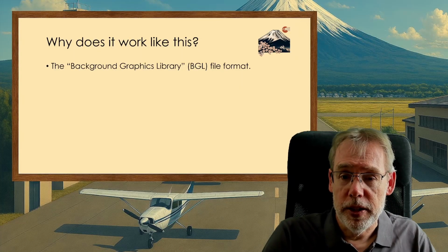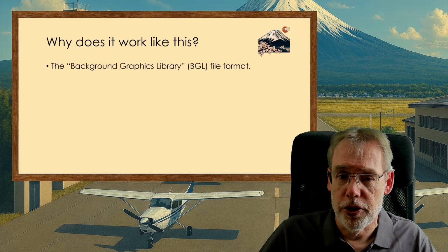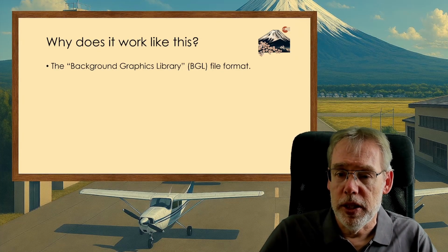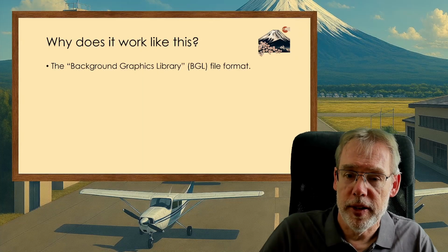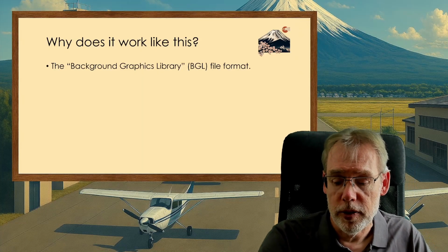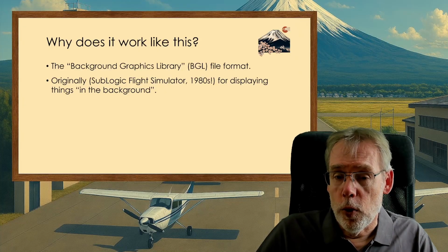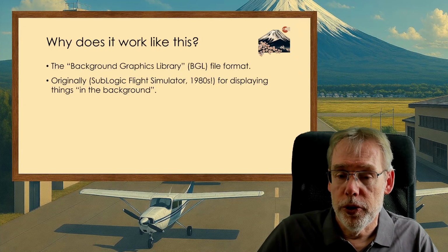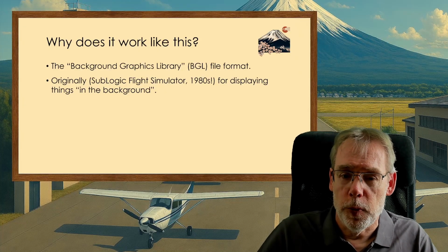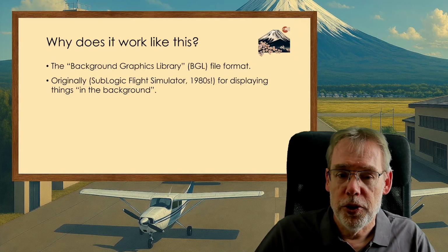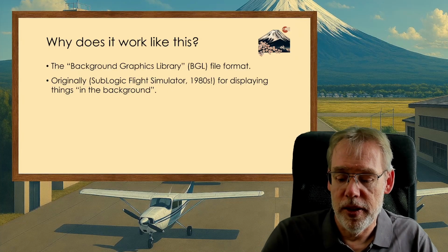And that is something that comes to us from the past. It comes from the BGL file format for background graphics library. And why background? Well, the first flight simulator actually always showed you the world through the cockpit windows, so it was for displaying things in the background.